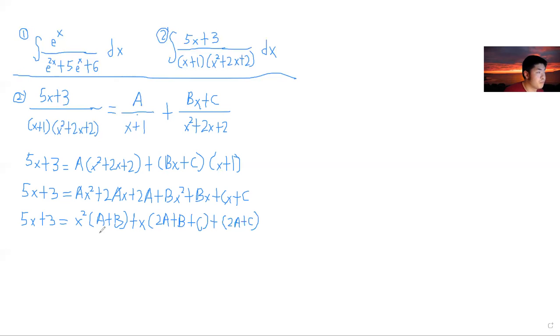Let's start grouping and considering them, making their coefficients have the same values. There is no term on the left-hand side that has an x squared value, so a plus b equals 0. Let's make them all in terms of a. So let's say b is negative a.